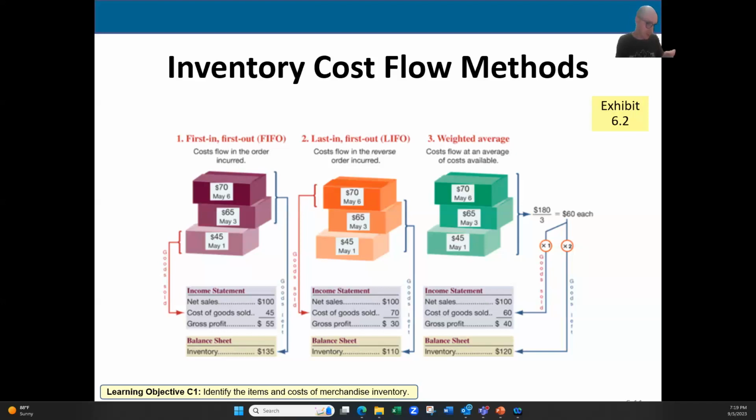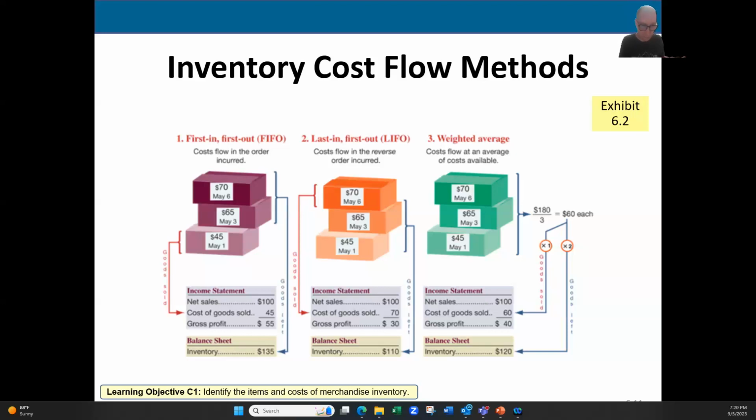First in, first out means I'm going to sell that first purchase I made first. So I sell the $45 worth of stuff first. On my income statement, it would look like this. Net sales, $100.